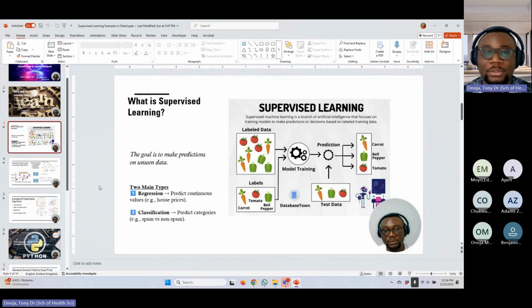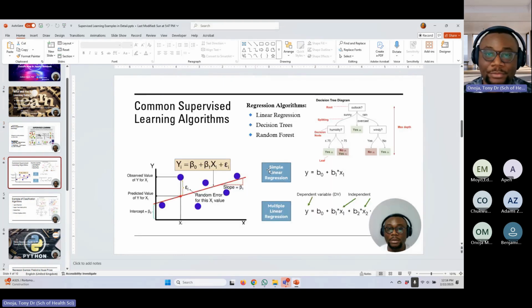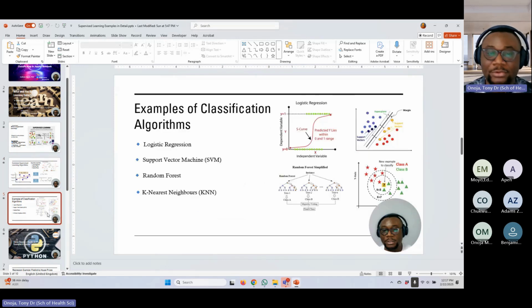We talked about the regression algorithms, linear regression, the decision tree and the random forest. I wouldn't want to go over them again. If you really want to know much about them, just take a look at the class and grab the concept. And then we also talked about logistic regression, the support vector machine, the random forest, and k-nearest neighbor.